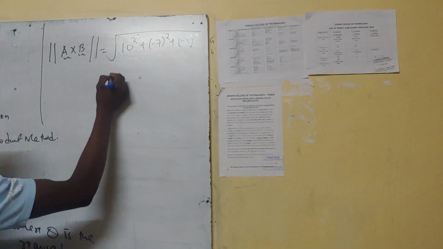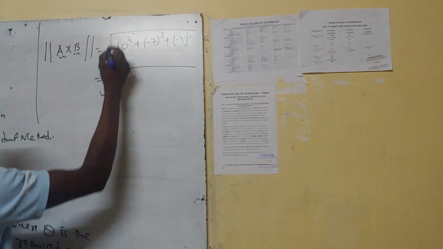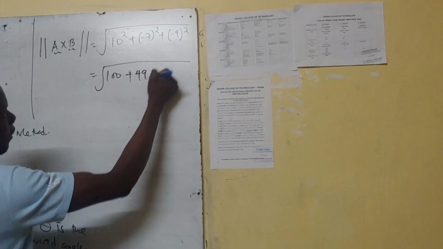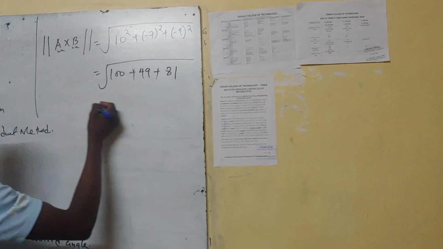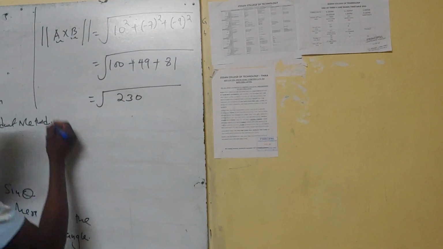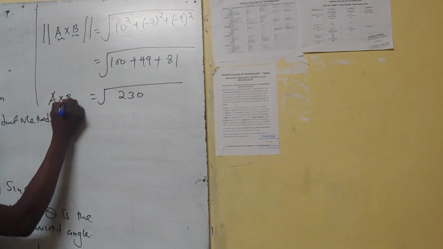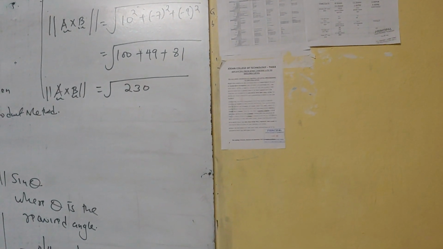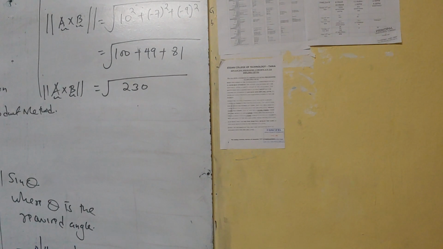So this will give us the square root of 100 plus 49 plus 81, which is the square root of 230. So A cross B magnitude is root of 230.